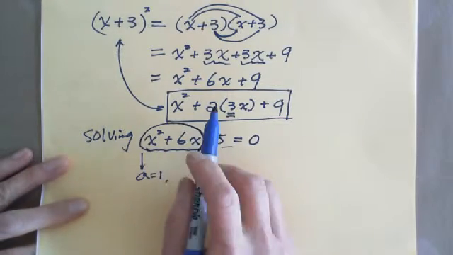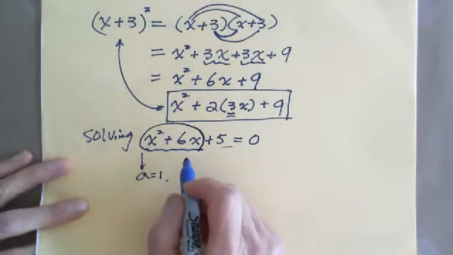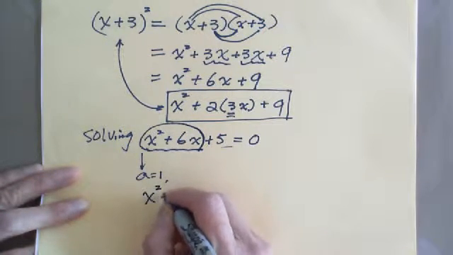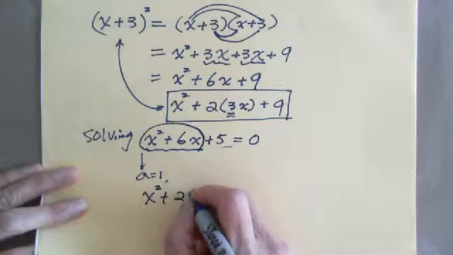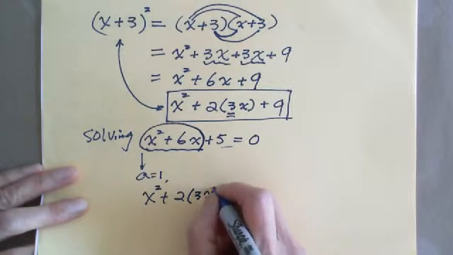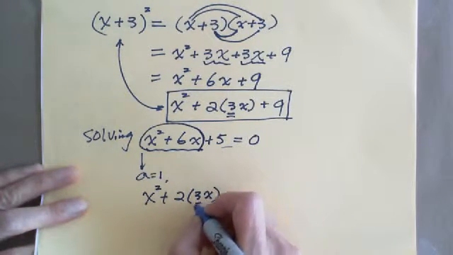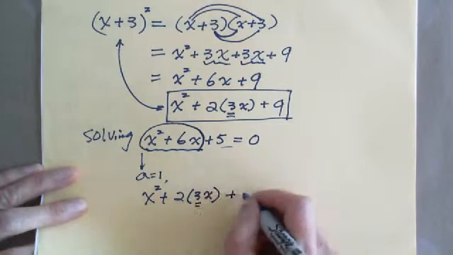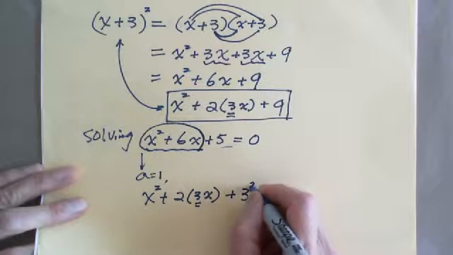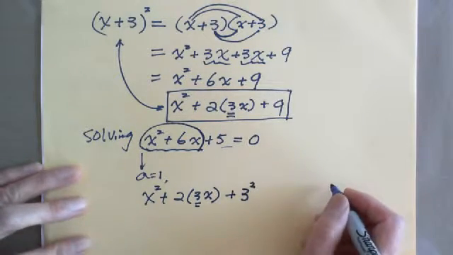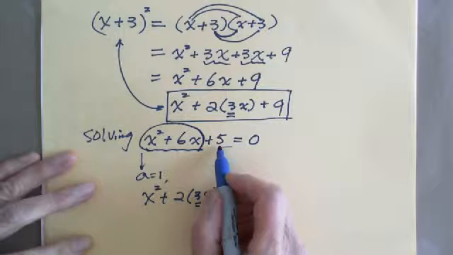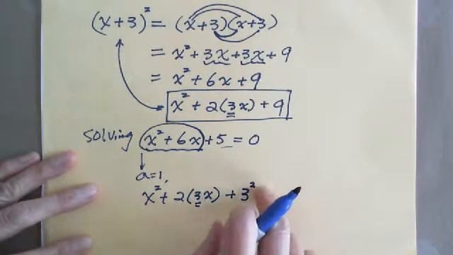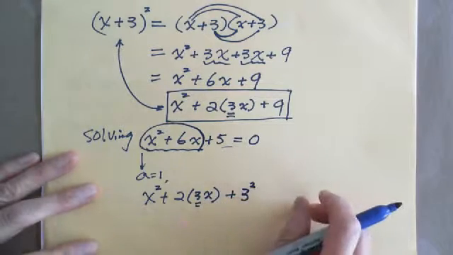So from this review, we can write this as x squared plus 2 times 3x, and we need plus 3 squared to make a perfect square.